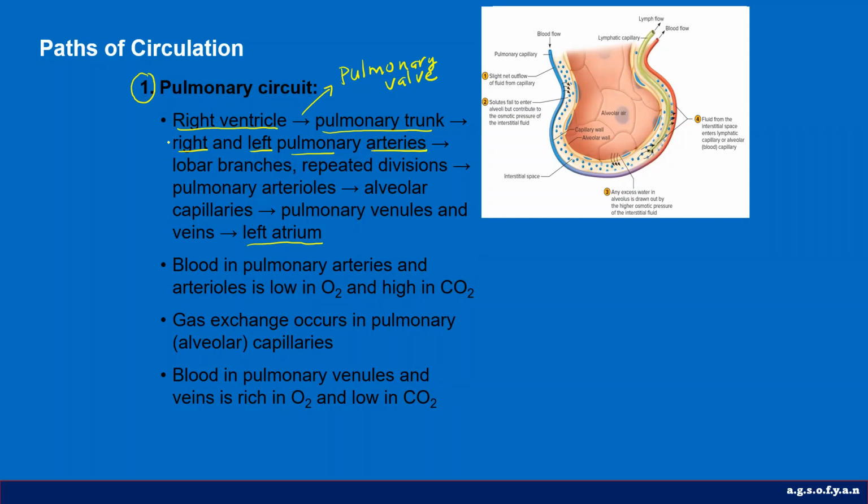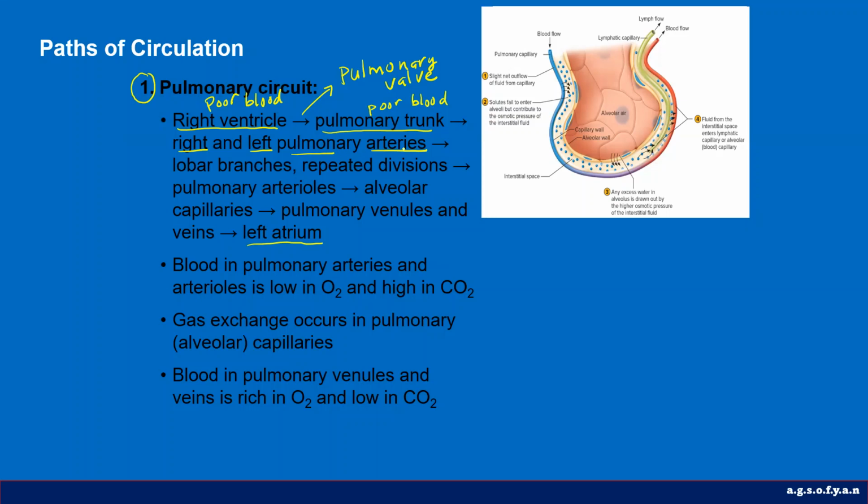And again, remember, the blood that is present in the right ventricle will be poor blood. It does not have oxygen in it, so it will be delivered to the pulmonary trunk. It's also going to be poor blood, blue in color if you check the color of the blood vessel.